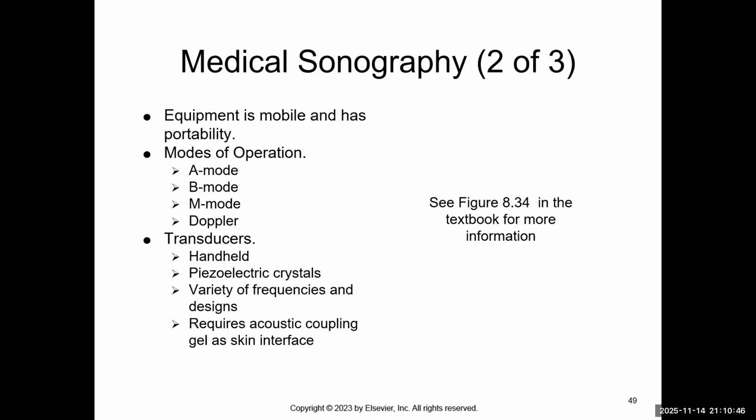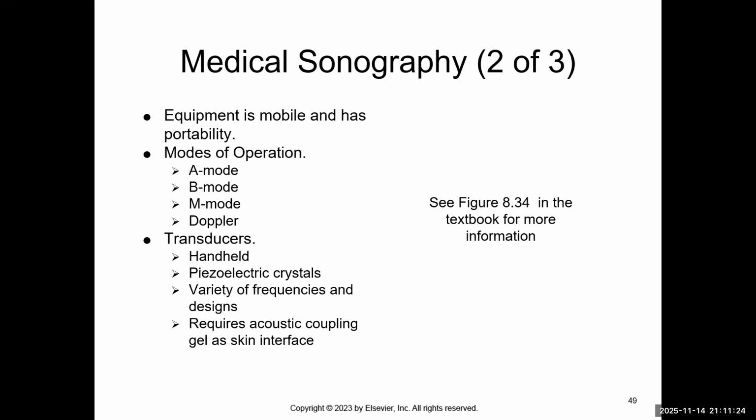It can operate in B mode or brightness mode, which is that standard mode that they use to create those gray images that they see, the 2D images. They have an M mode or motion mode that shows movement over time. A lot of times they use that mode with heart valves, and then they can use it in Doppler mode as well, which can show them the blood flow and also the direction, and also the Doppler allows them to use different color and also waveforms as well.